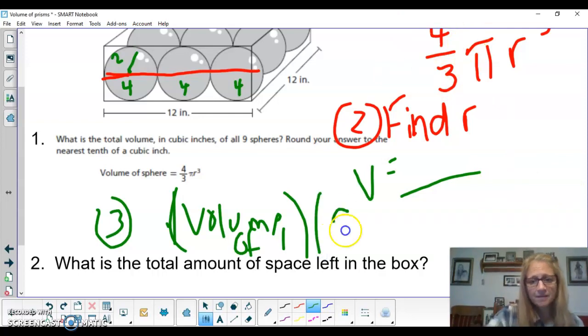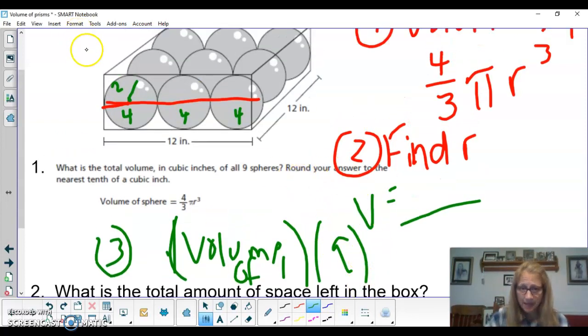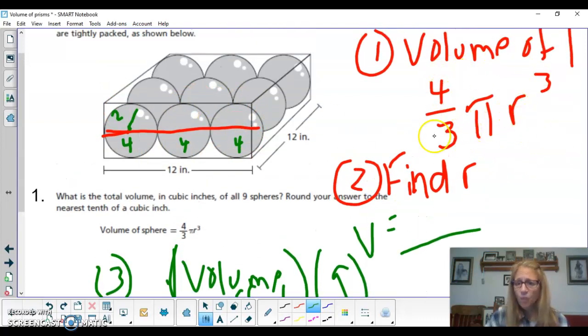There are 9. That's going to be the total amount of space all 9 of them are taking, okay? So you find the volume of 1 using R, then you multiply that by 9. Now that's going to tell you how much space is occupied by the 9 spheres, okay?